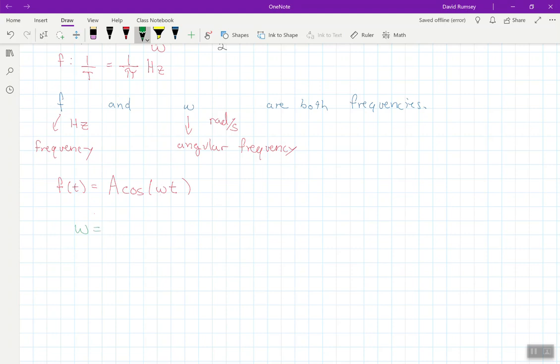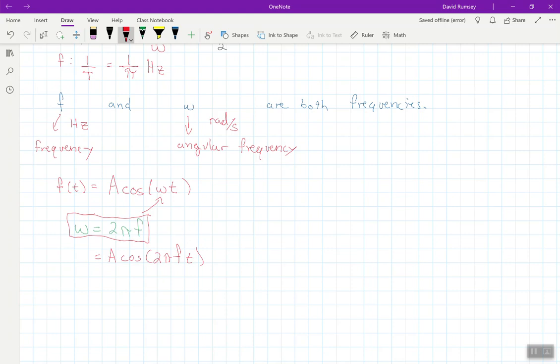Omega is equal to 2 pi times the frequency. So what we can do, and this is sometimes how it's written, is that sometimes we can just substitute this in here and we will write this as a cosine of 2 pi f times t.